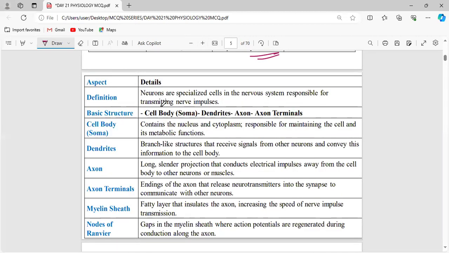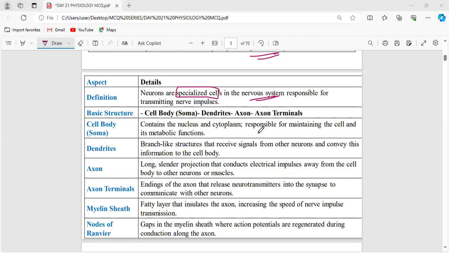Right, now see, these are all the things related to neurons. What is a neuron? A neuron is the cell present in the nervous system. Okay, and what is the name of the cell present in the kidney? What are the specialized cells present in the kidney? Or else we can ask, what is the functional unit of the kidney?